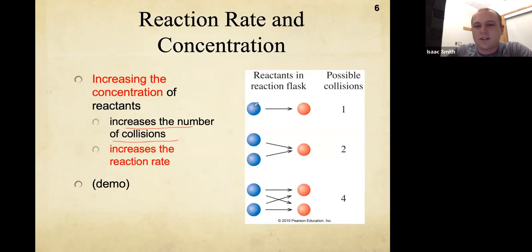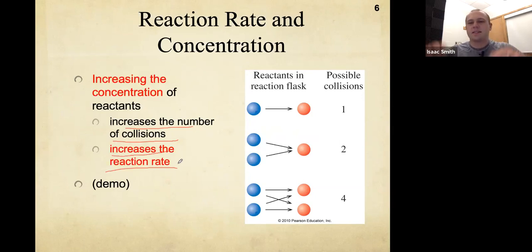So if you look at this, if you just have one blue ball and one red ball, right, there's one possible collision for those two. If you have 2 blue balls and one red ball, then this ball could collide or that ball could collide. And so it gives you more possible collisions, right? There's more number of collisions. So more collisions is going to be a faster reaction, okay?